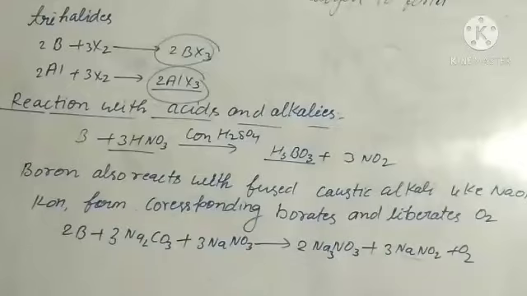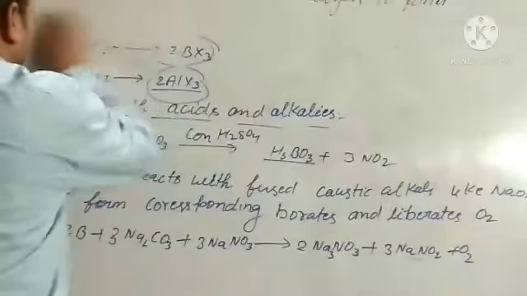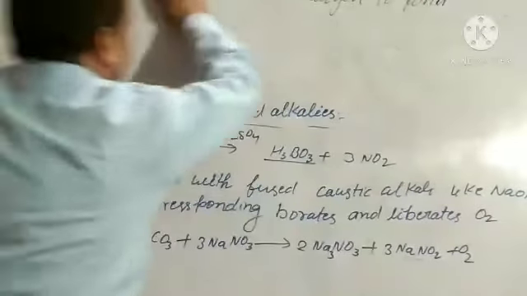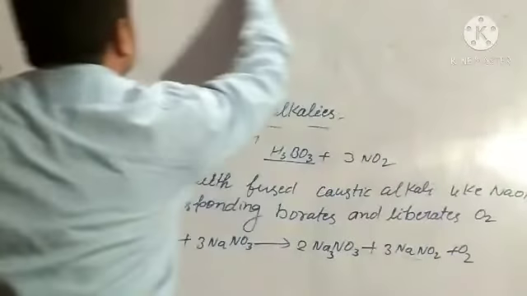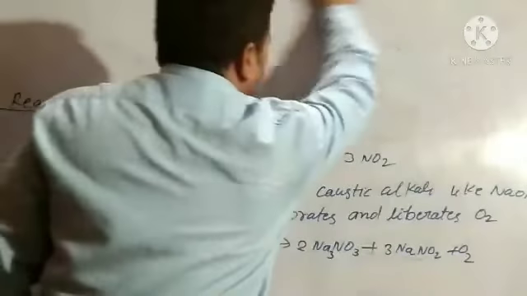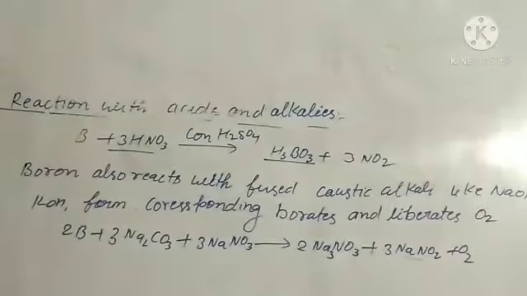And next, as you know, aluminium reacts with mineral acid and with alkali also. In both cases it forms salt. So it shows amphoteric nature.